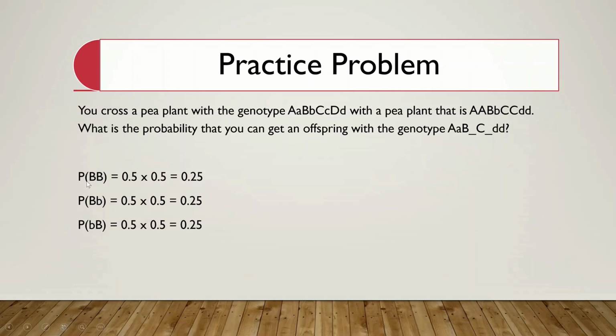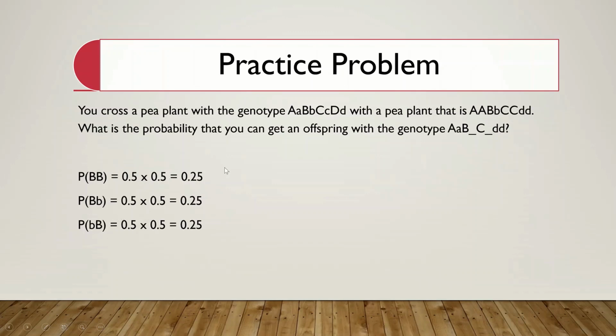So to calculate the probability of big B, big B, from parent 1, there's a 50% chance because out of the two alleles for gene B, only one is big B. And this is similar for parent 2, with only one of the alleles being big B out of the two alleles for gene B. So we're going to multiply 0.5 times 0.5 to get 0.25.